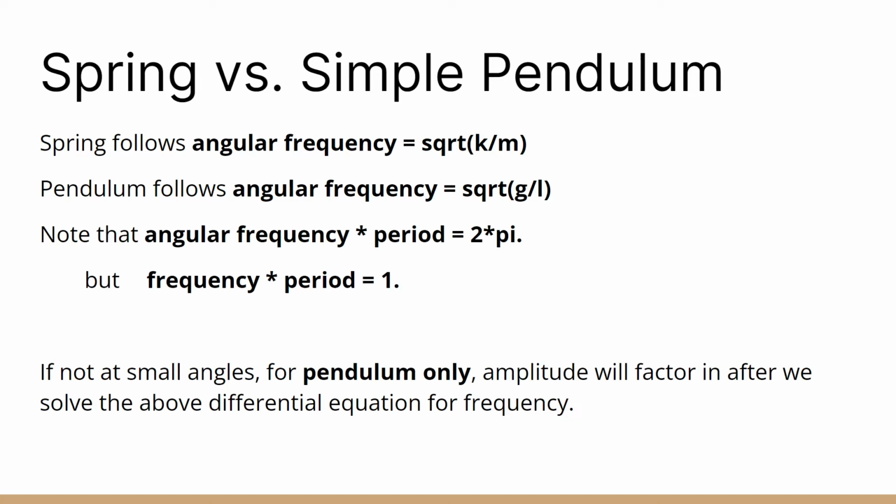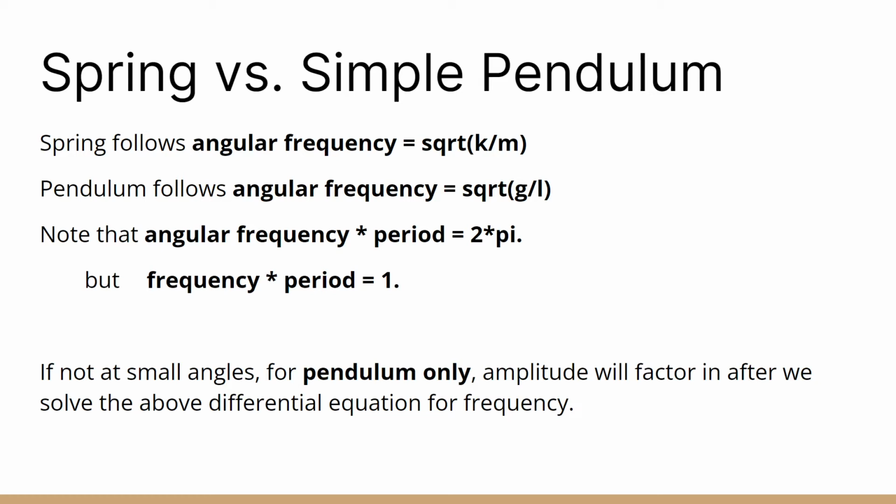So even though you might not hear the term angular frequency, which is denoted by omega, by the way, you can use that to solve for period, because all you need to do is divide both sides by angular frequency in this formula. You get period is equal to 2 pi over the angular frequency, right?